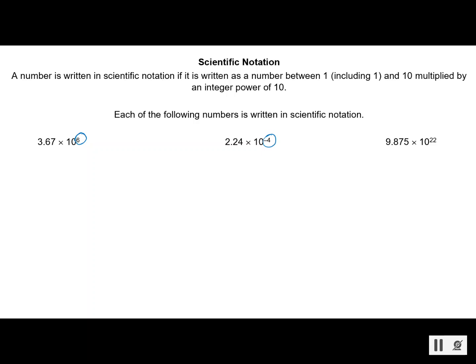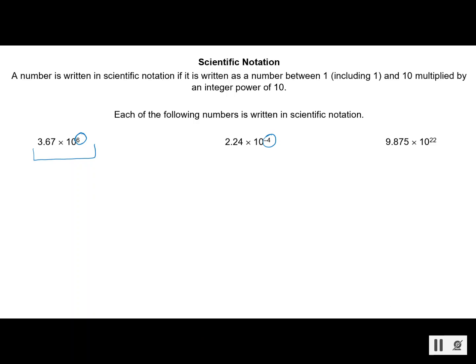Okay? The last thing that we need to know is, what does this exponent actually mean? What does it actually do to my number? So let's look at the first example here again, the 3.67 times 10 to the 6th. If I start with the number 3.67 and then I multiply that by 10 to the 6th, multiplying that number by 10 to the 6th power essentially does what to that number?